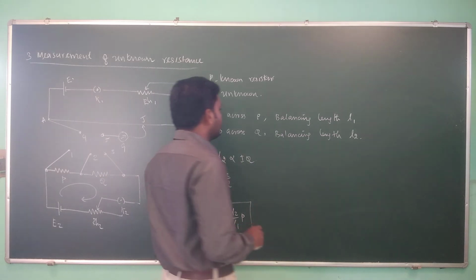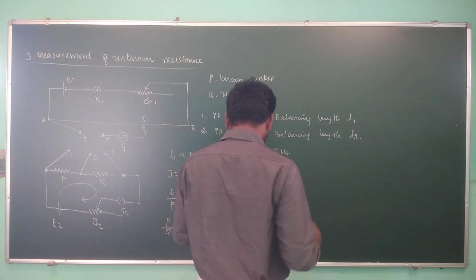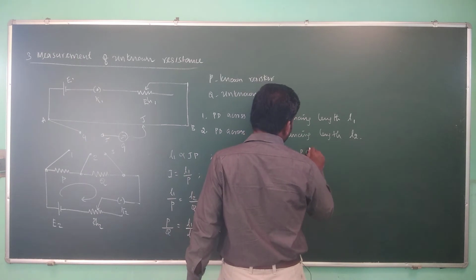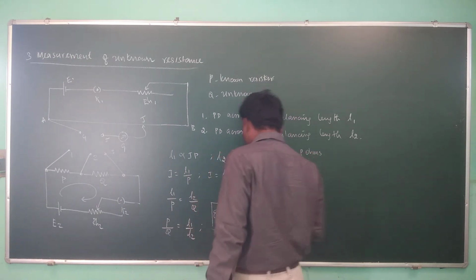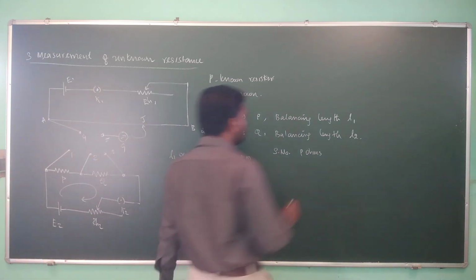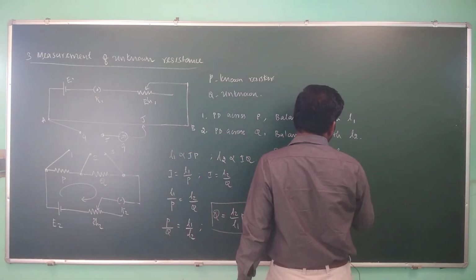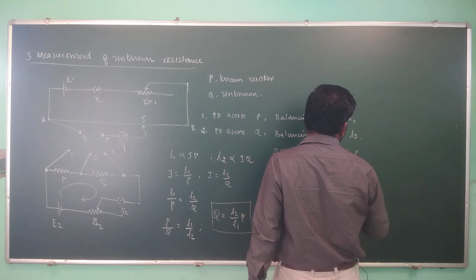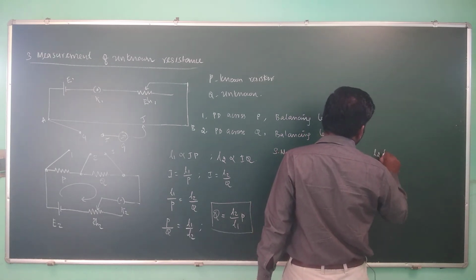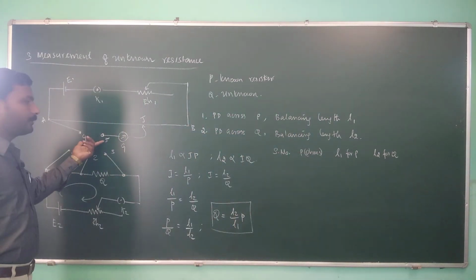How to do that? We can have a tabular column for that: serial number, then the value of P in ohms. We can repeat this for different known values of P. Then balancing length L1 for P, and balancing length L2 for Q. When P is connected, we calculate balancing length L1.